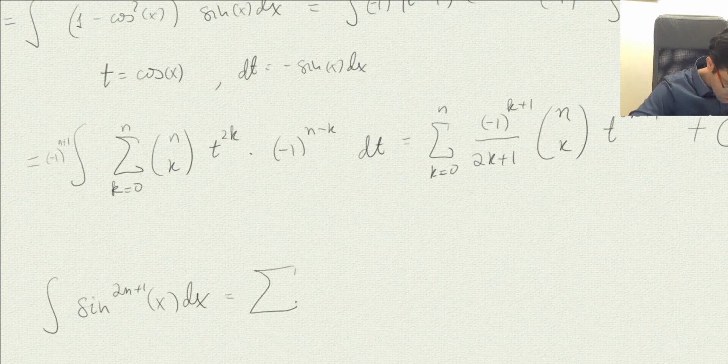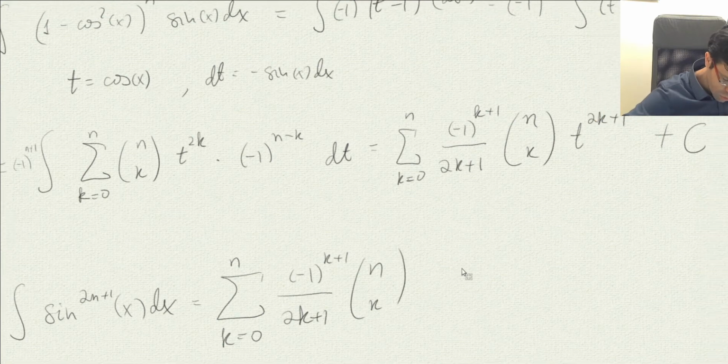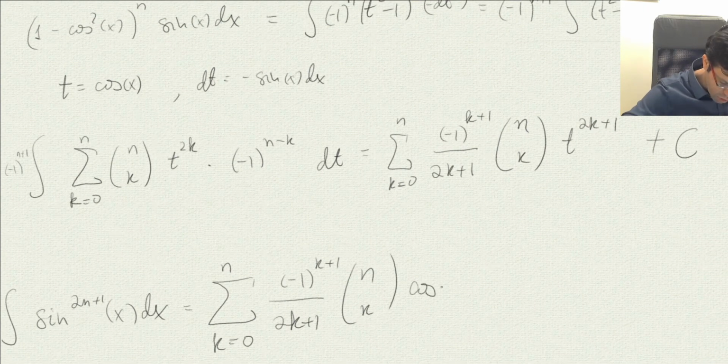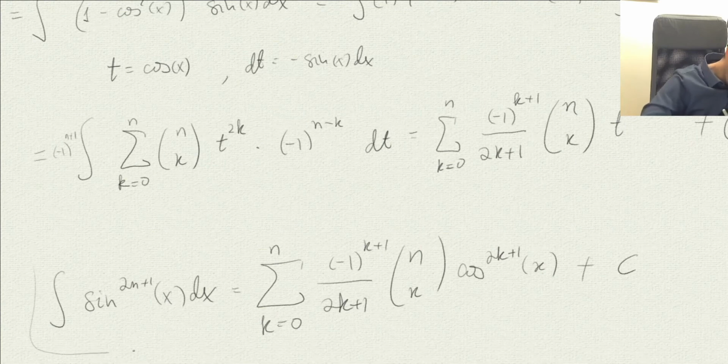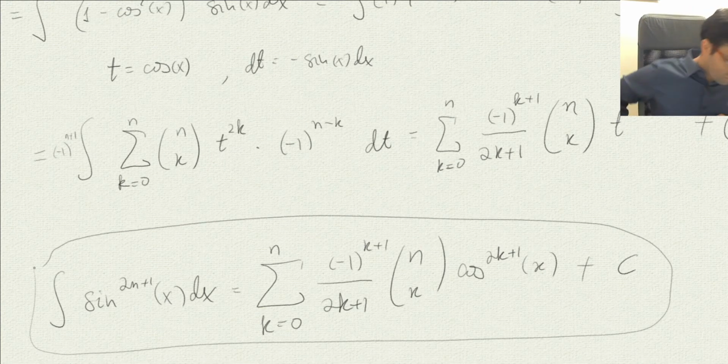This is just the sum as k goes from 0 to n of minus 1 to the power of k plus 1, divided by 2k plus 1, times n choose k, and here, of course, we're going to have the cosine to the power of 2k plus 1 of x, plus a constant, and that's the answer, at least for this case of an odd power. So that's an interesting formula. But of course, the standard approach is here.